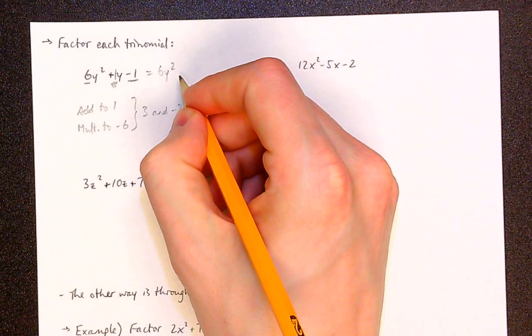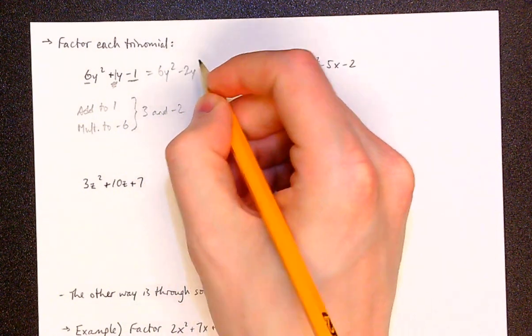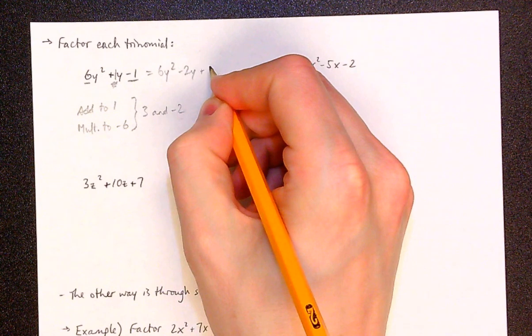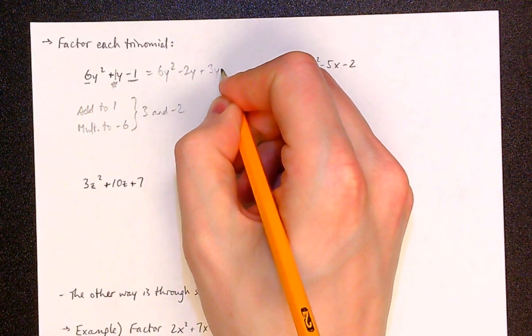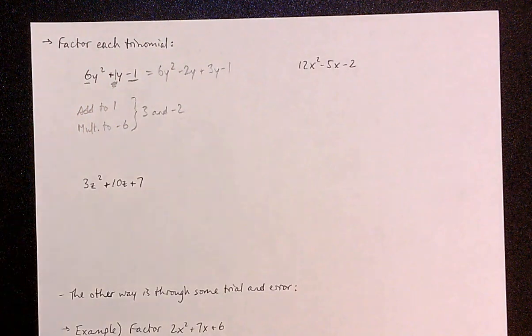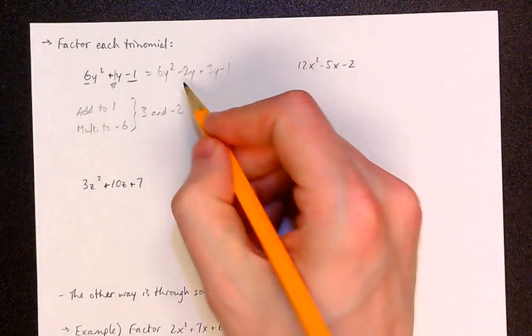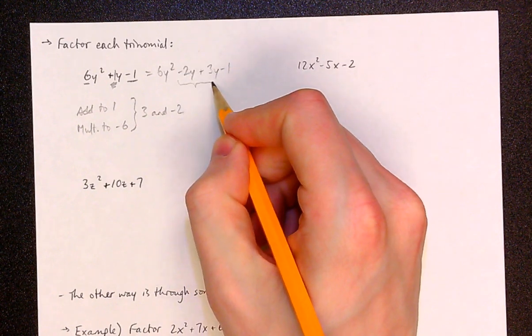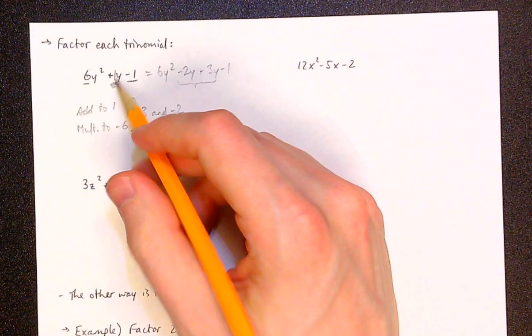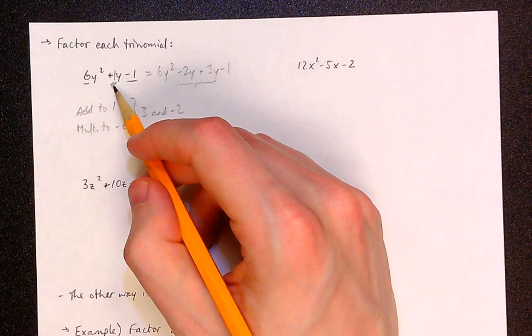So I'll say 6y squared minus 2y plus 3y minus 1. If you add up those two like terms, you come back to your plus 1y.